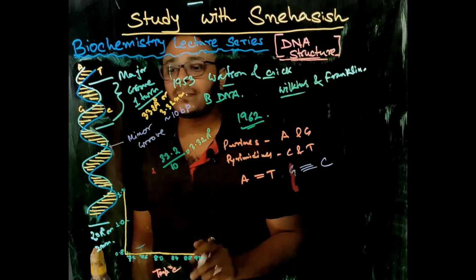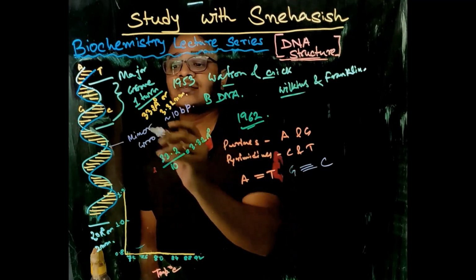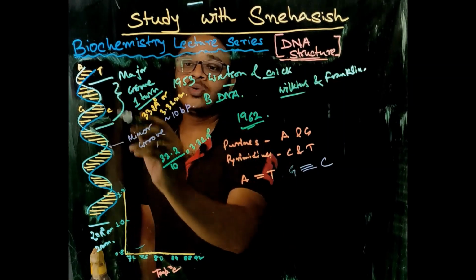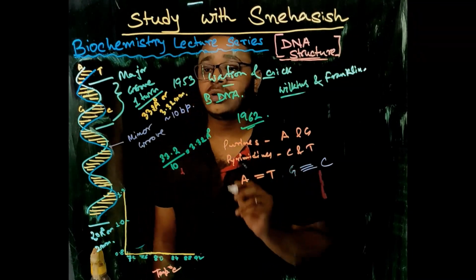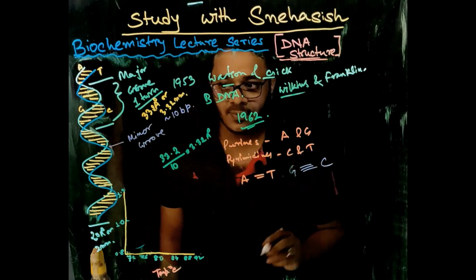So the B-DNA has 20 Angstrom in diameter, has major grooves and minor grooves. The two grooves are separated by 1 turn, which consists of 33.2 Angstrom of pitch and has around 10 base pairs.